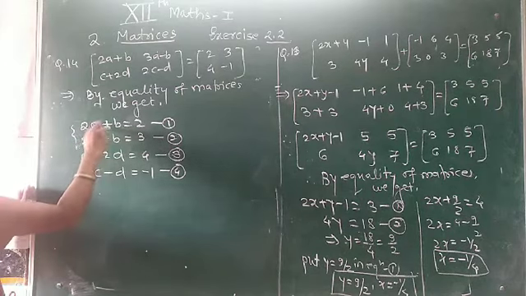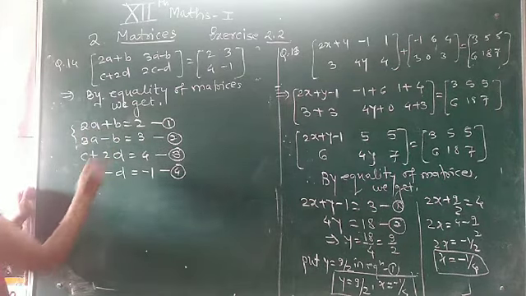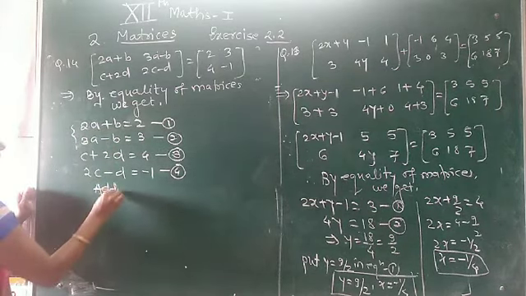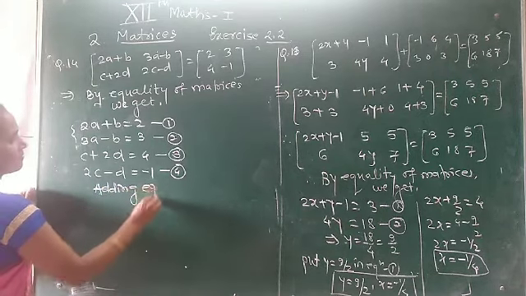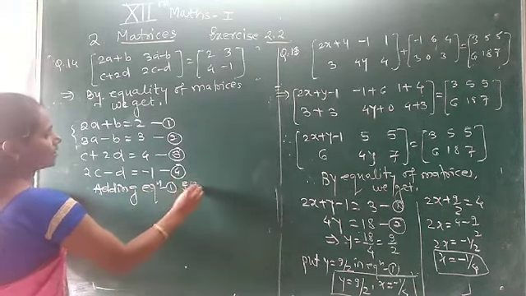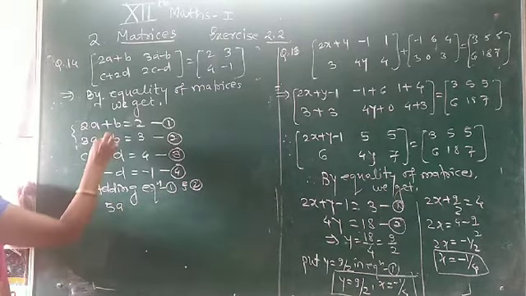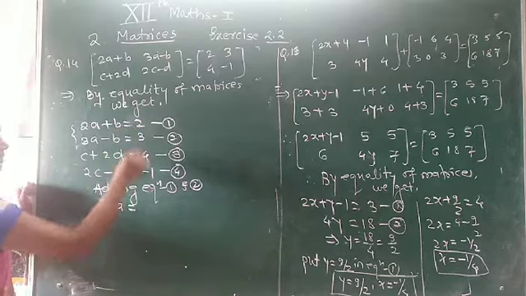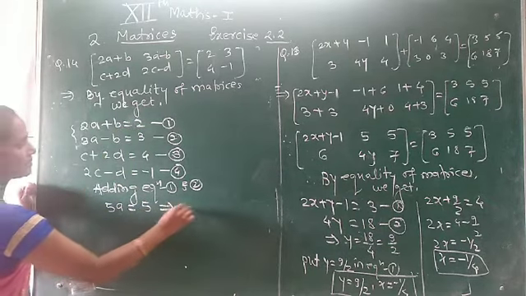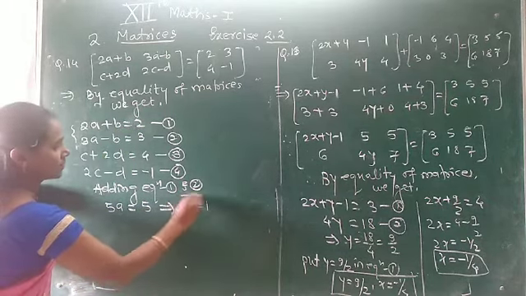Here if we take addition, then this b will get cancelled. So adding equation 1 and 2, 2a plus 3a becomes 5a. Plus b minus b will get cancelled and 2 plus 3 is equal to 5. This implies a is equal to 1.